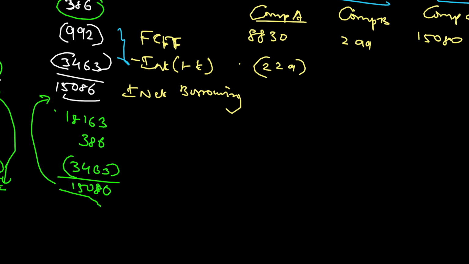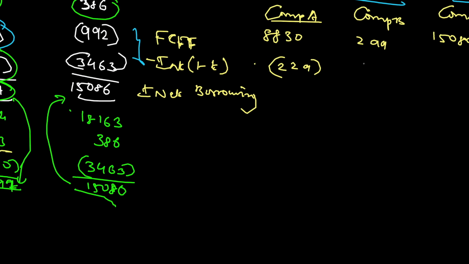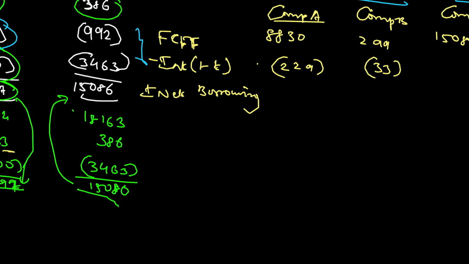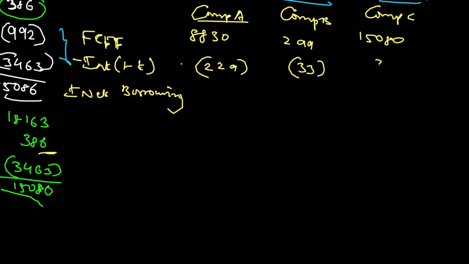Then for company B, 33 I will minus, and for company C it is 386, so 386 I will minus.